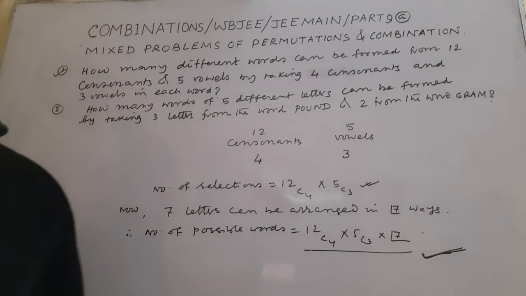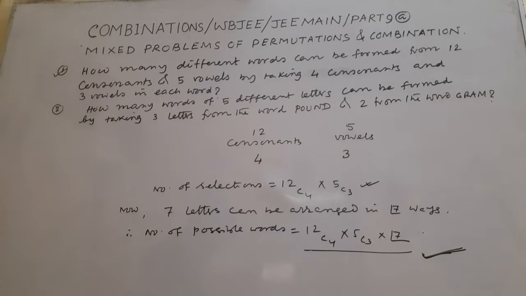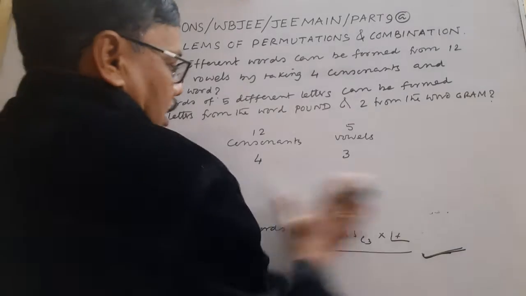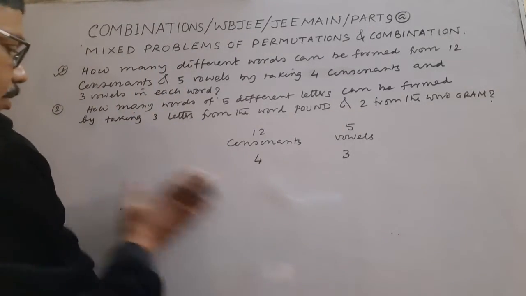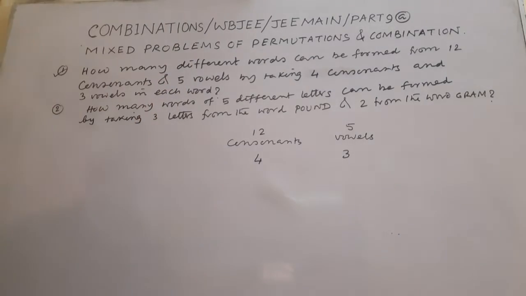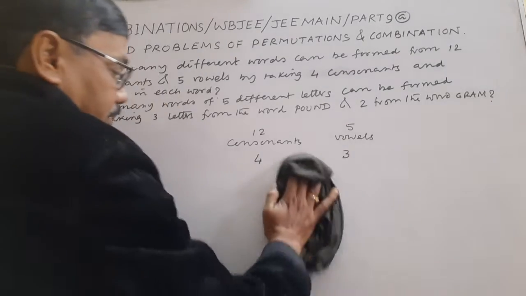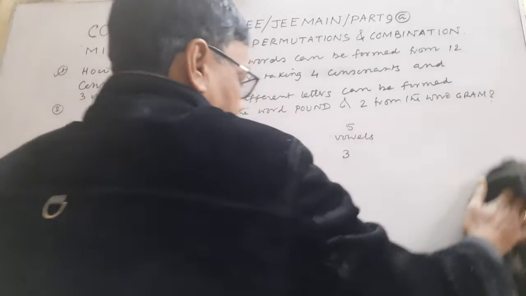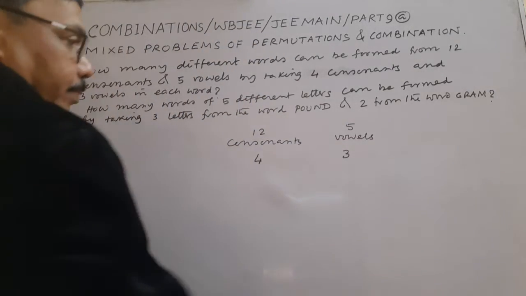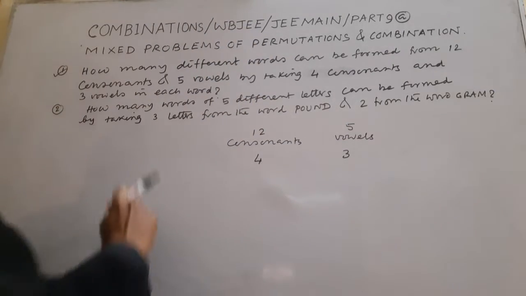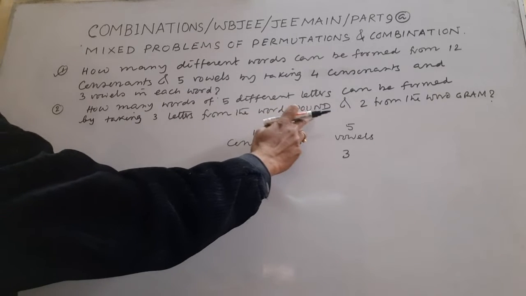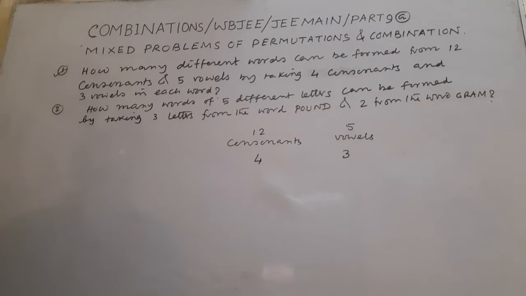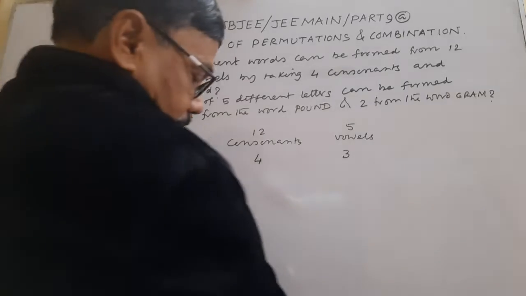Now second one. How many words of 5 different letters, mind it, different letters, can be formed taking 3 letters from the word pound and 2 letters from the word gram?